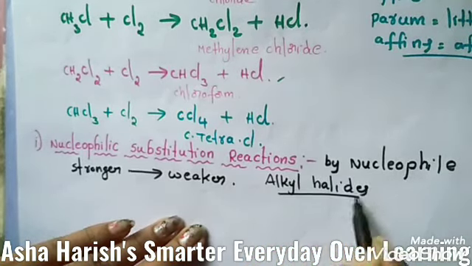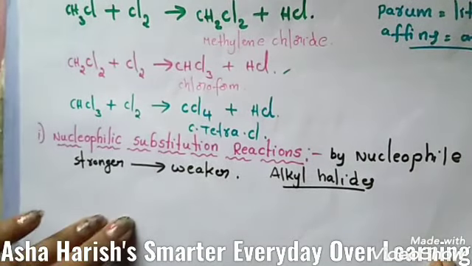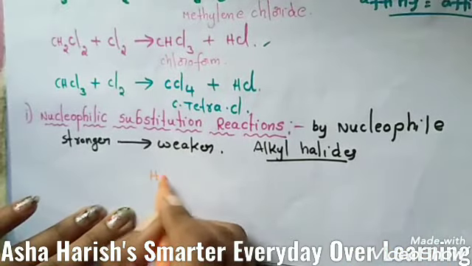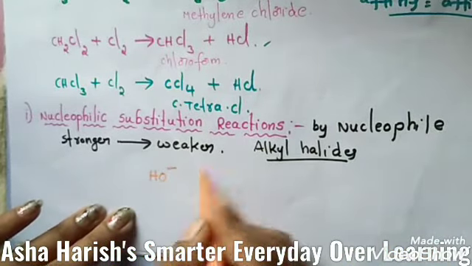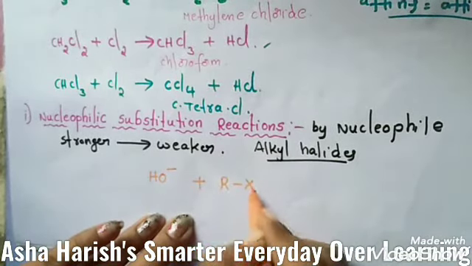For example, hydrolysis reaction of an alkyl halide with an aqueous base. You can see here I am going to write OH minus plus, if you add any alkyl halide to this, RX.